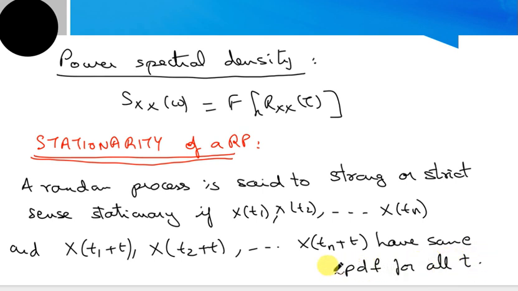If this is the case, then we say that the process is strict sense stationary, or it is said to be an SSS process.